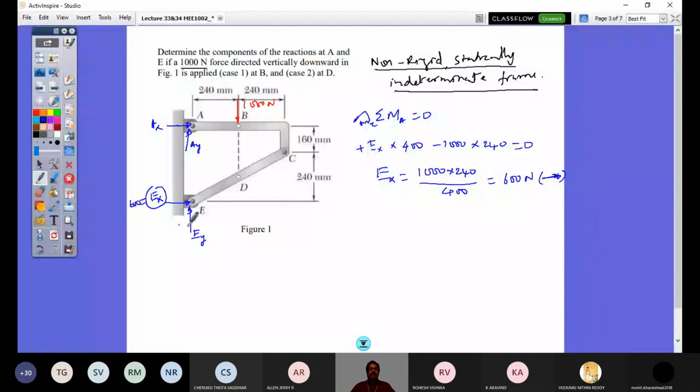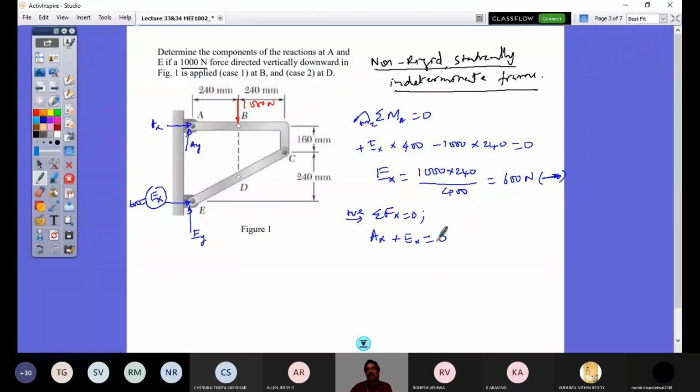Right? And similarly, now I can also find out my Ax by applying the second equation, sigma Fx equal to 0, considering forces to the right positive. I have Ax plus Ex equals 0 because there is no external horizontal force.